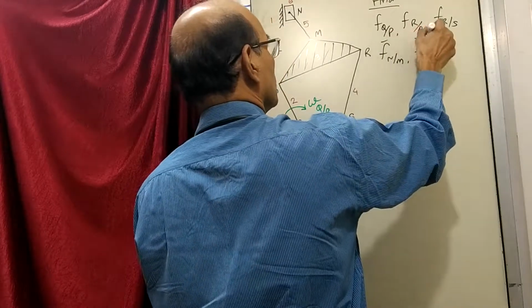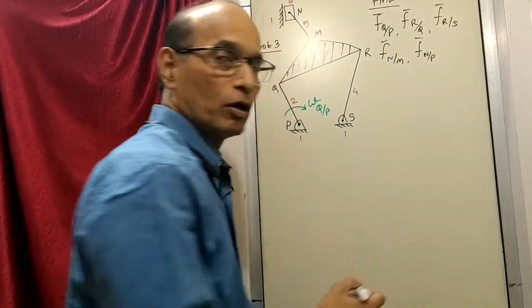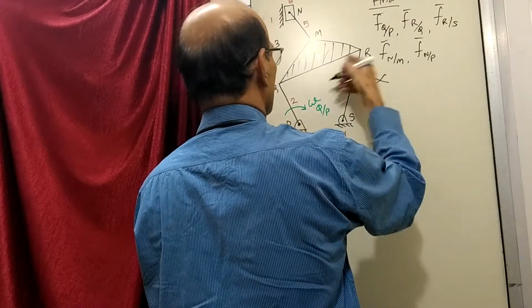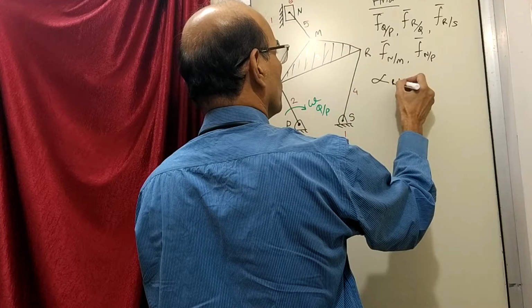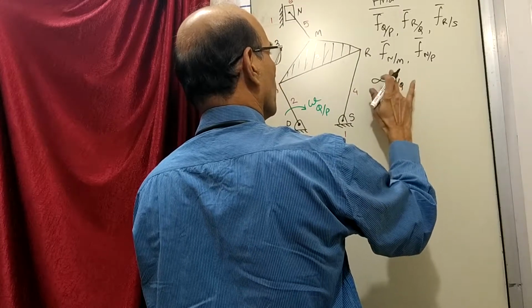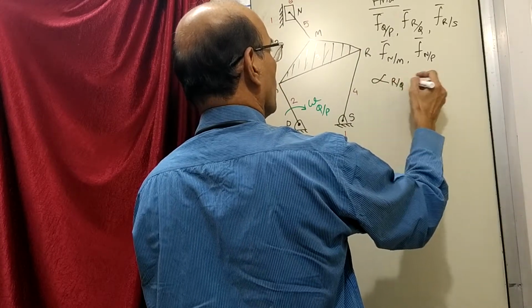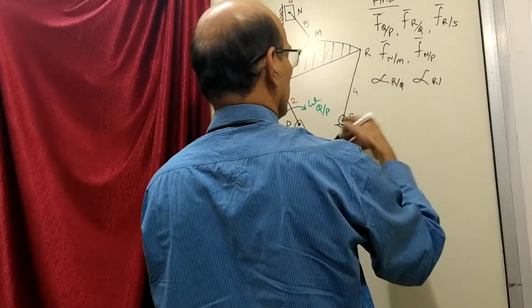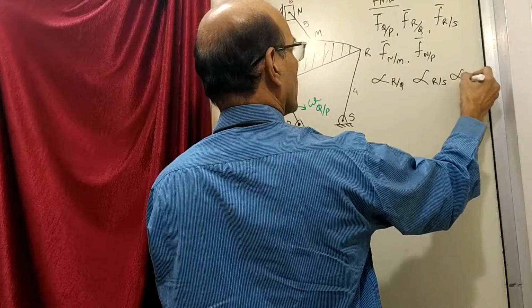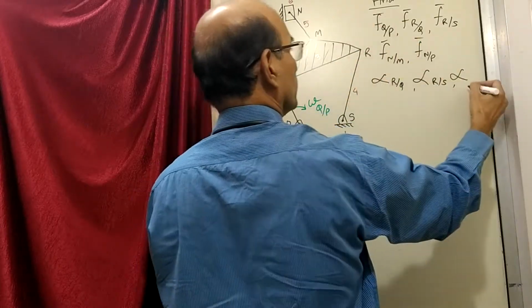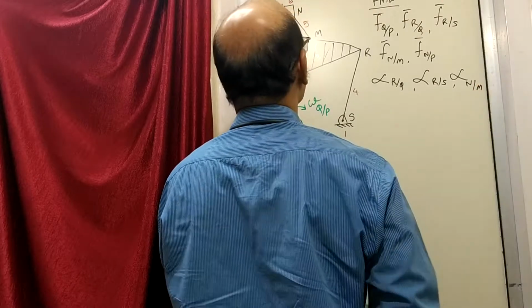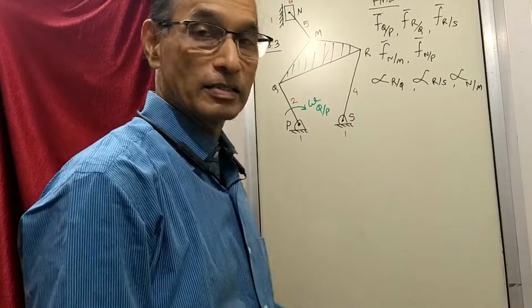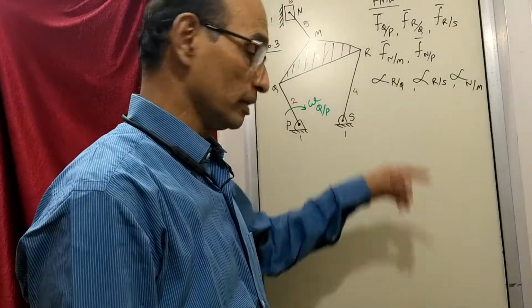So these are the accelerations we have to find out, and then the angular accelerations of different links, say r with respect to q, then r with respect to s, n with respect to m. So these are the terms which we have to find out as a result of acceleration analysis.